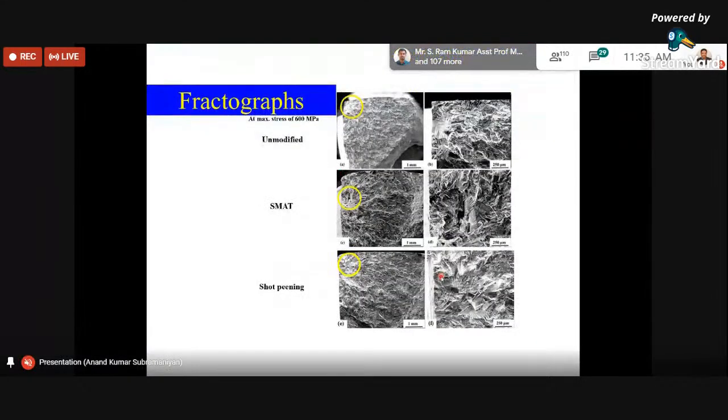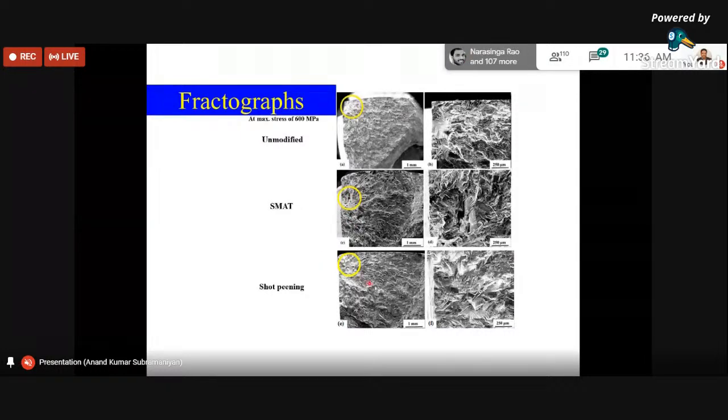And this is quickly just to demonstrate fractographs of the fractured samples to tell us the crack initiation site. In the case of the unmodified or untreated sample, the crack really initiated from the surface. And in the case of SMAT, you can see that the crack initiated from the subsurface, which is a typical characteristic of compressive residual stress.